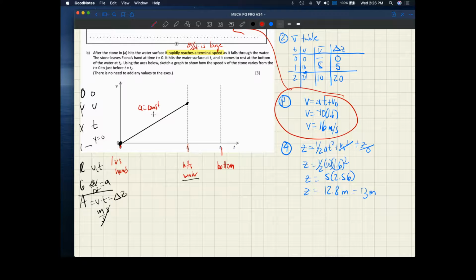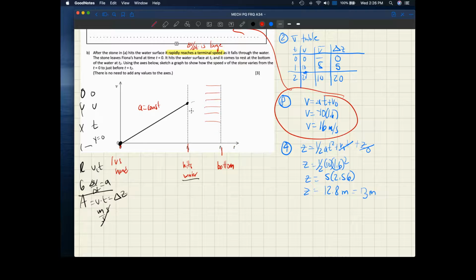All right, so what we know is that it's going to fall through the water and be at terminal speed when it hits the ground. So it hits terminal velocity fairly quickly and then coasts at even speed to the ground. So there's going to be some speed it travels at as it reaches the ground, and it won't be accelerating. So we know that there is some kind of horizontal line. Acceleration is 0, slope is 0.